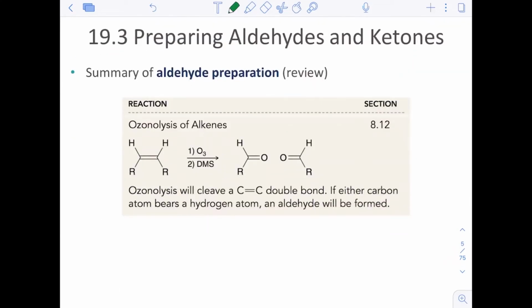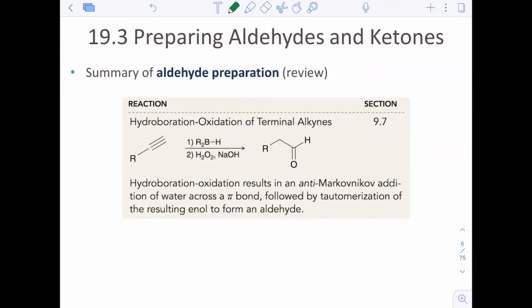Another way to make aldehydes was with ozonolysis of alkenes, specifically if the alkene on each side, let's just call this carbon 1 and carbon 2, as long as each of those carbons had one hydrogen, then they would form aldehydes, right? And ozonolysis, O3, followed by dimethyl sulfide, is going to create two carbonyl compounds, one on each of those carbons.